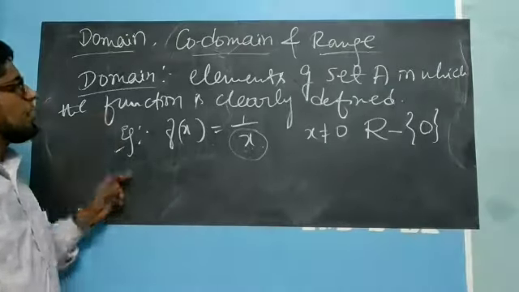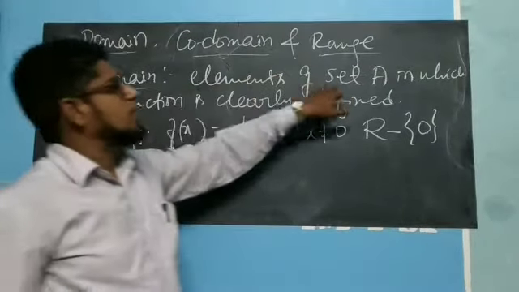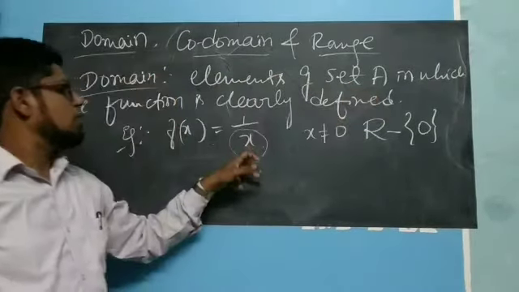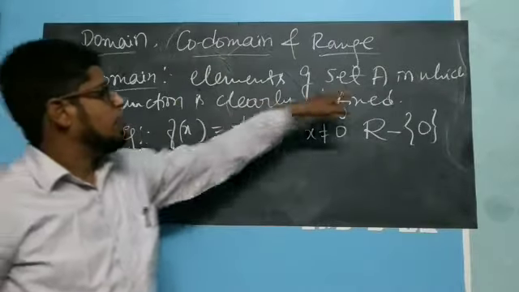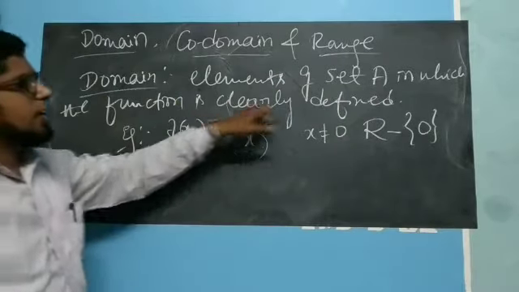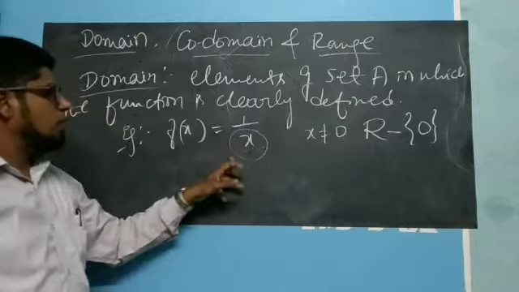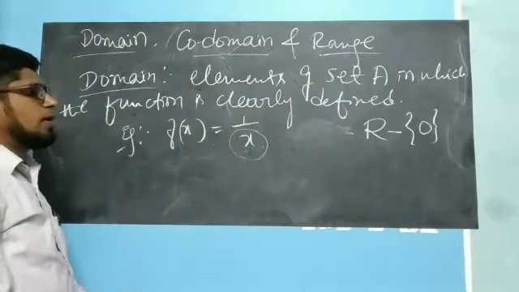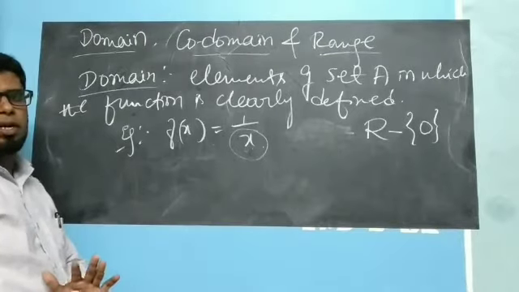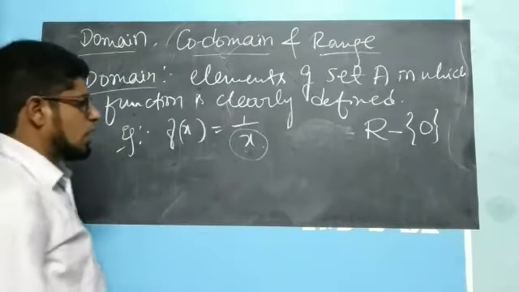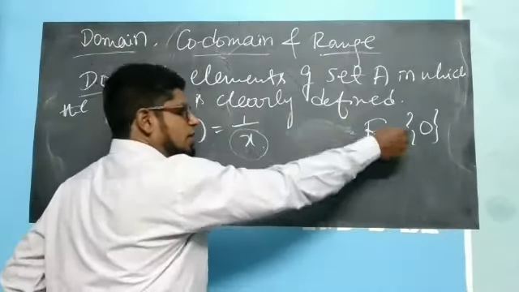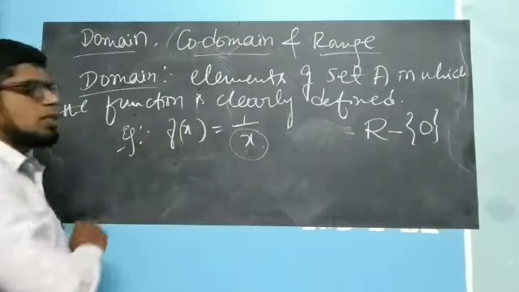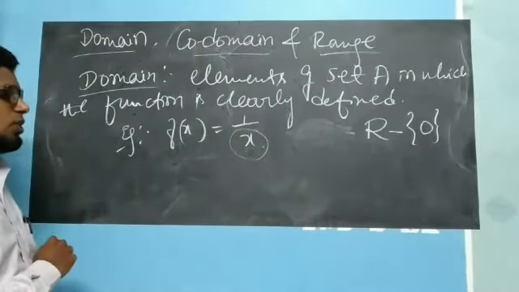So the definition of domain is the elements of set A, or you can write values of x, in which the function is clearly defined. For any value, if it is not defined, then that value is not considered in our domain. Those values which are defined are called the domain of a function.